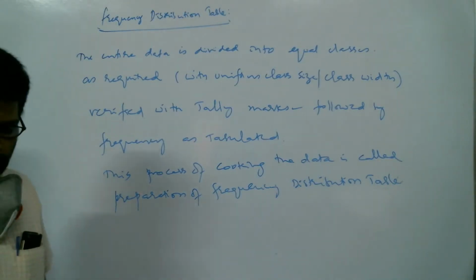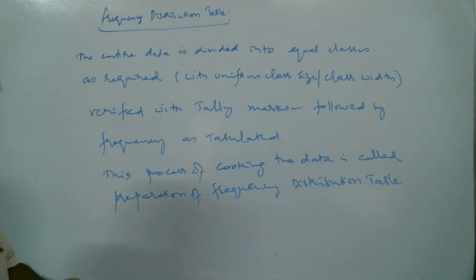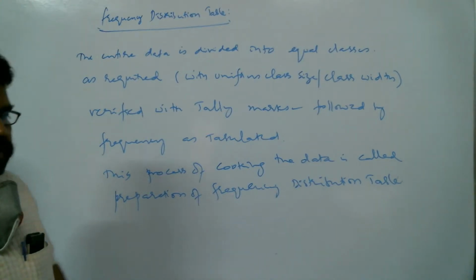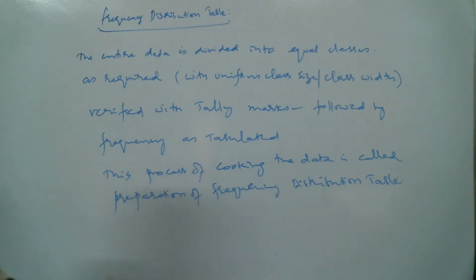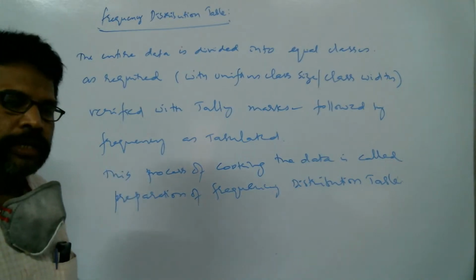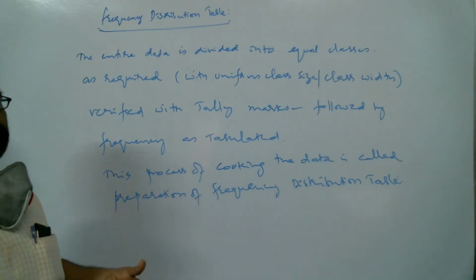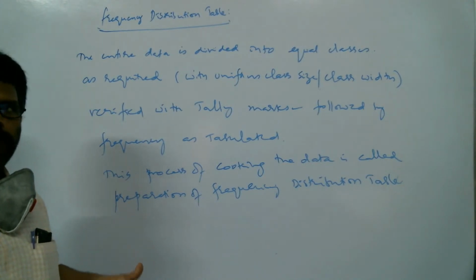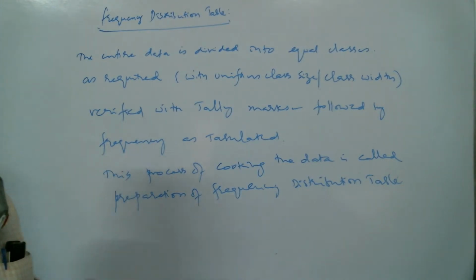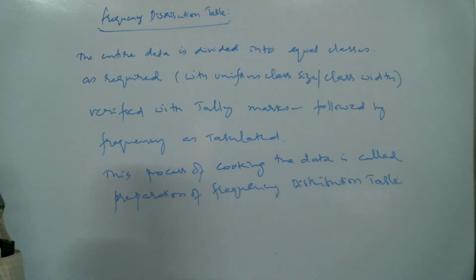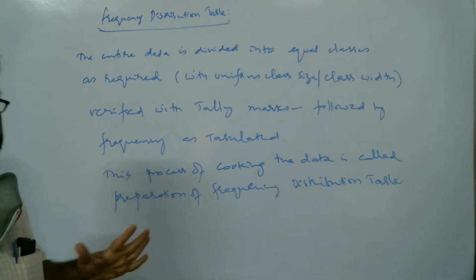Yesterday we discussed the data which is given to us. I told you there are two types of data collection: primary data and secondary data. If the data comes directly from the person who is collecting it, that is called primary data. If the person is using already collected and recorded data, that is called secondary data.